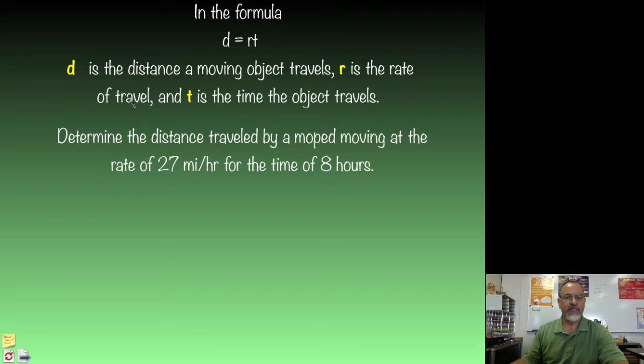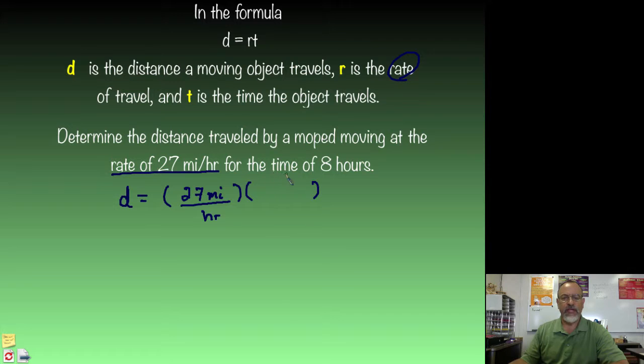Now, it says determine the distance, and distance is the letter D. So D is the unknown. D is what we don't know, so we need to figure that out by multiplying R times T. So now I'm going to substitute in the values that they give me for R and T. R is the rate, and it tells me it's 27 miles per hour, and per is a fraction bar, so we're going to put that there like this.